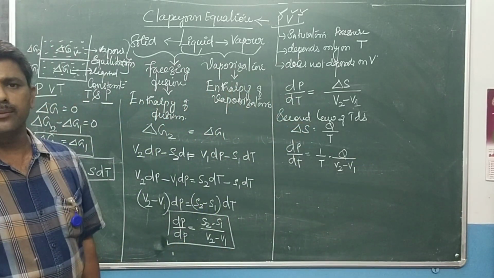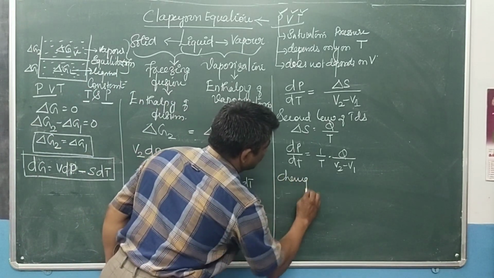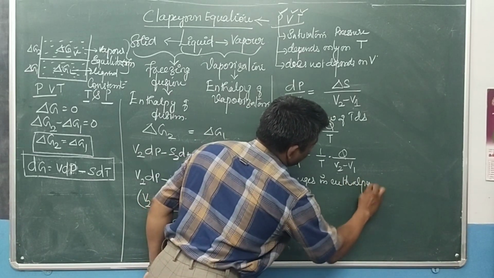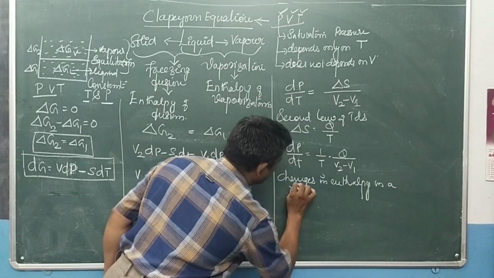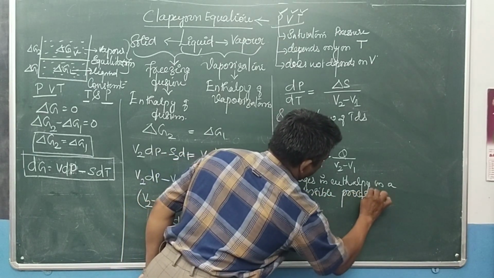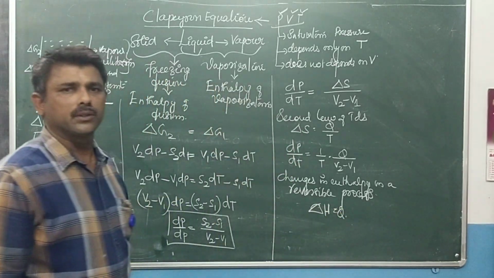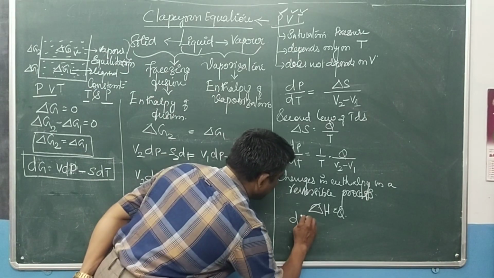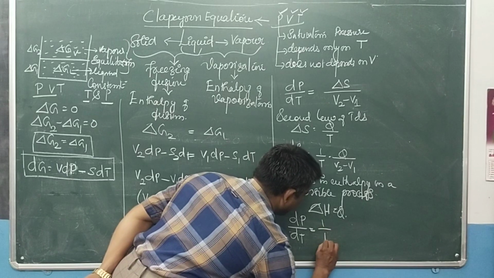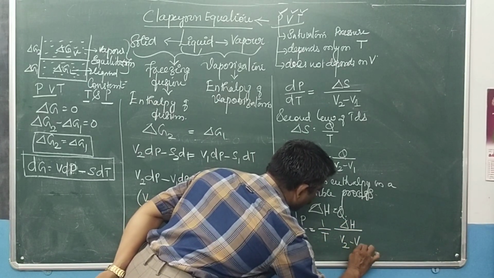The change in enthalpy in a reversible process is del H is equal to Q. Hence, dP by dT is equal to 1 by T into del H divided by (V2 minus V1).